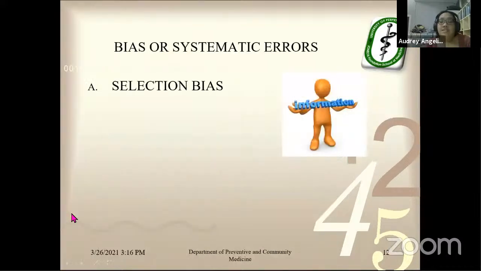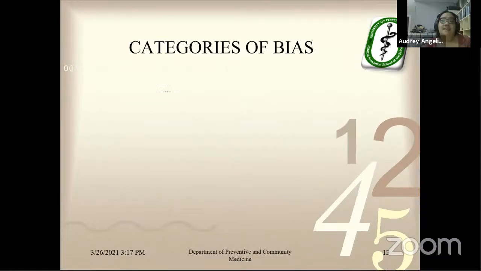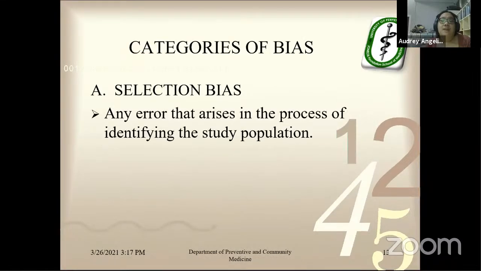Okay. So you have different biases or systematic errors. So what are these biases? So it could be selection bias. Pag select pa lang ng respondents, you are already biased. Okay? So this one, any error in identifying the study population, there's already an error.